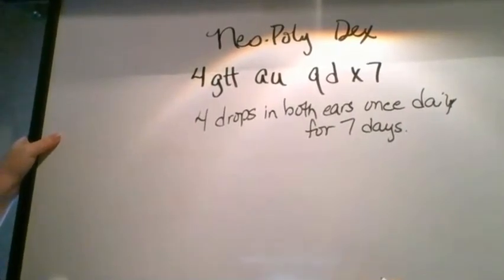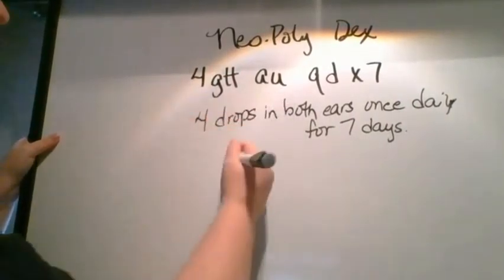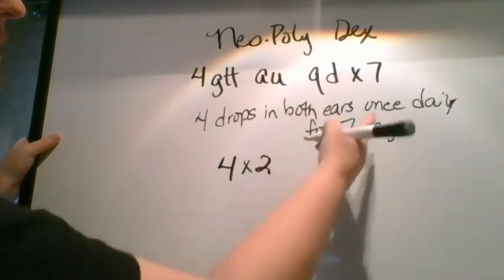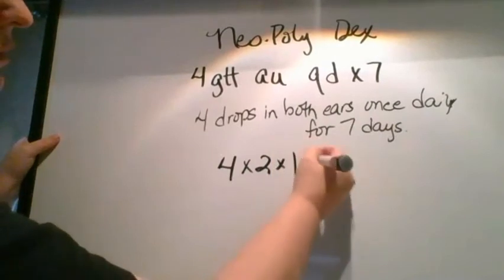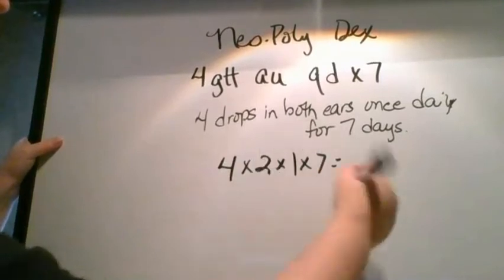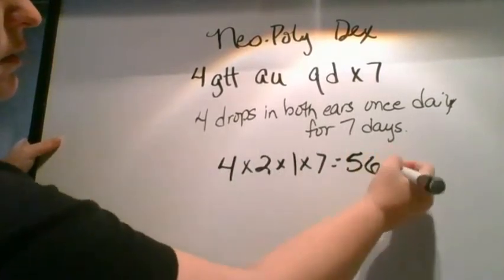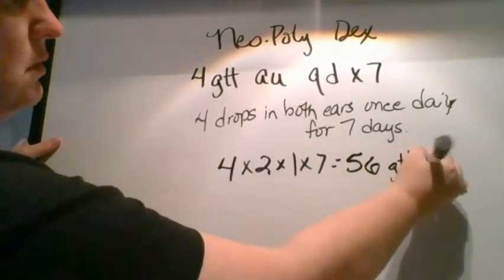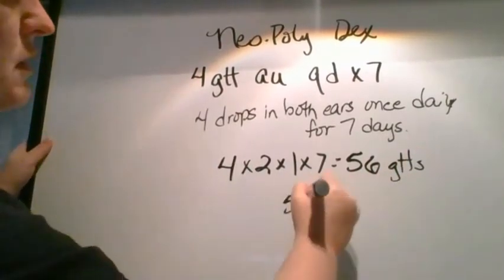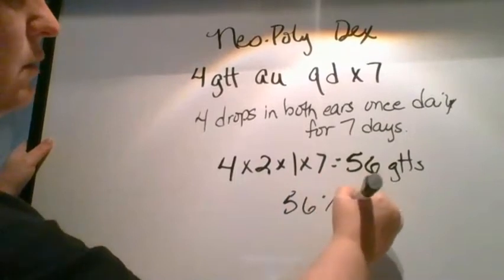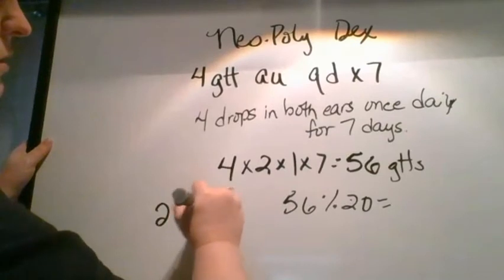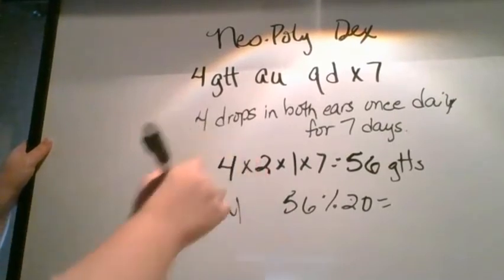So again, just set up your big multiplication problem. 4 both ears, so you've got 2 times once a day times 7. 4 times 2 is 8 times 7. They need 56 drops. 56 divided by 20 because there are 20 drops per ml.